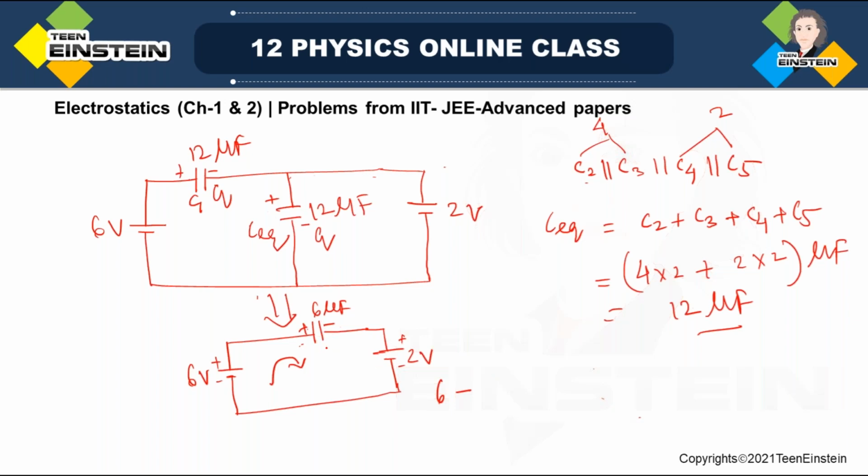We know if the charge stored in this capacitor is Q, and we know the capacitance, so I can get the voltage, so that will be Q by C, because Q is equal to C into V, so V will be Q by C. Okay, so Q by 6. Okay, 6 is anyway microfarad, so this will be microcoulomb.